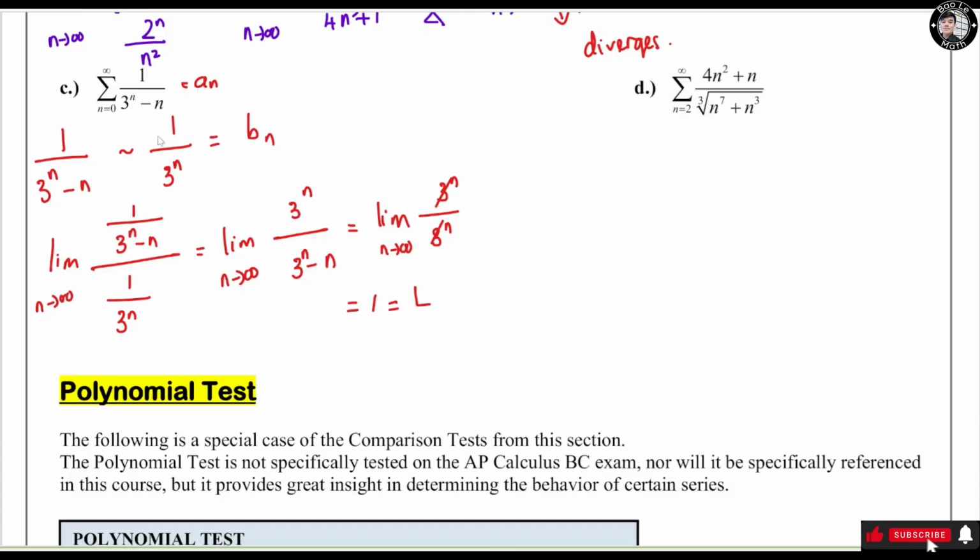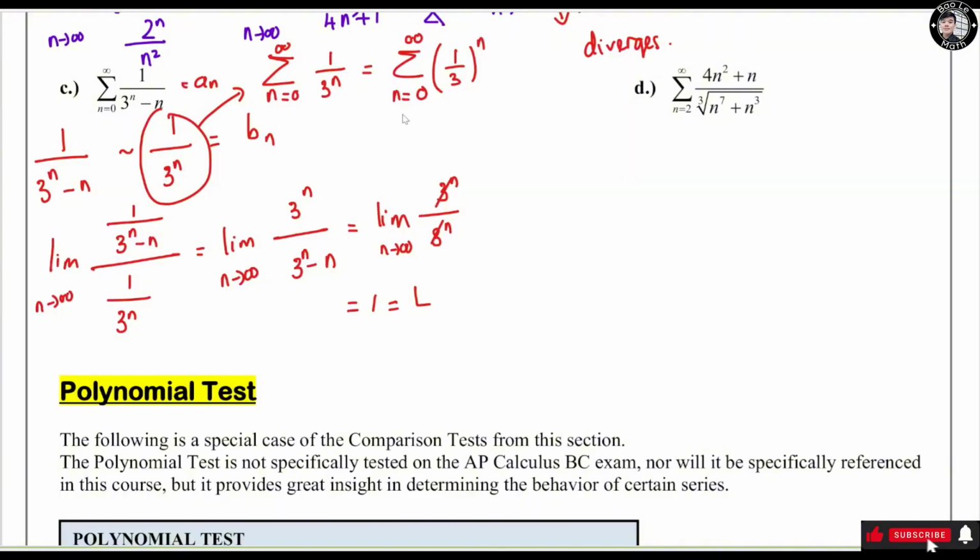Now we're going to check this one. So it's the sum when n goes from 0 to infinity of 1 over 3 to the n. It's the sum when n goes from 0 to infinity of 1 over 3, altogether to the n.